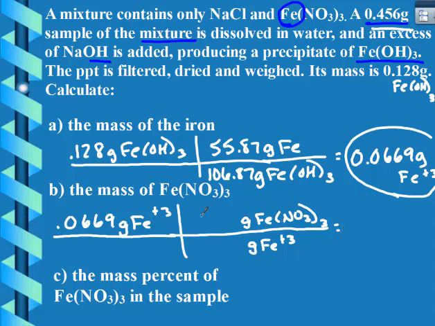So iron 3 nitrate is 241.88 grams. And I still only have 1 iron, so 55.85. Multiplying and dividing in 3 sig figs, I get 0.29 grams of iron 3 nitrate.